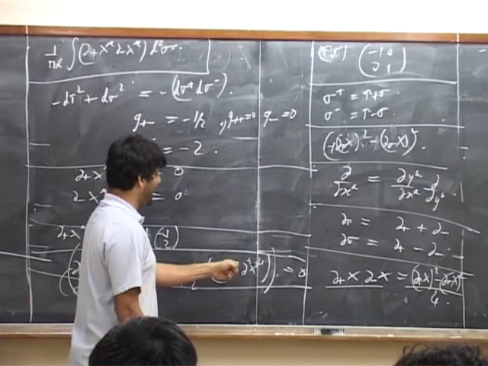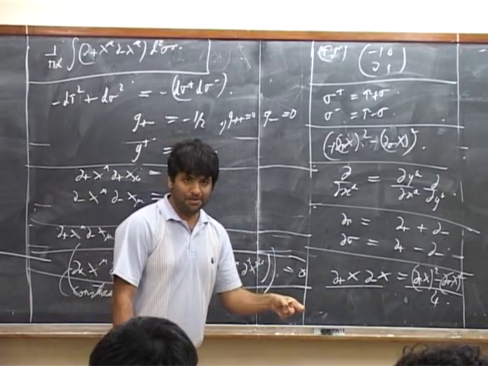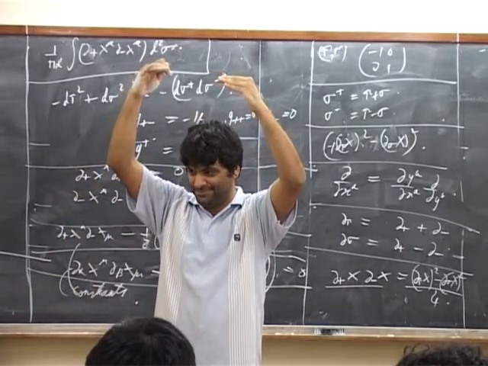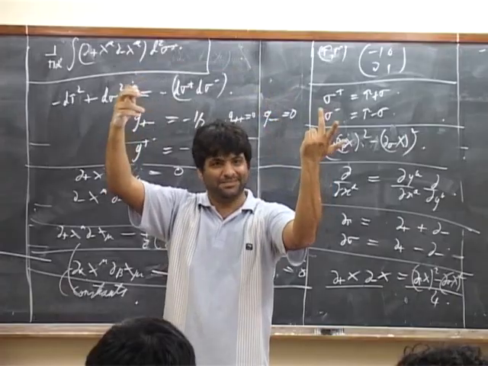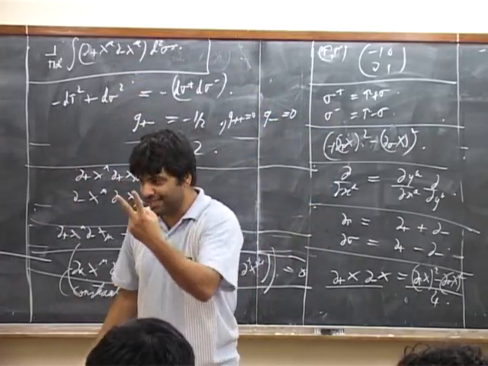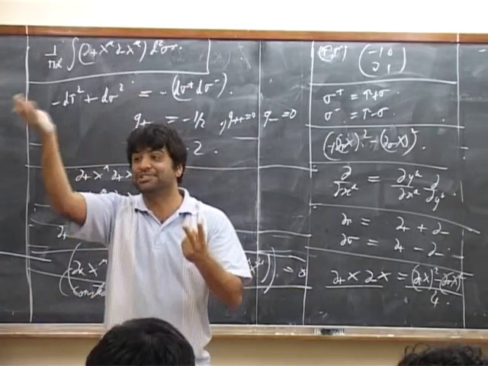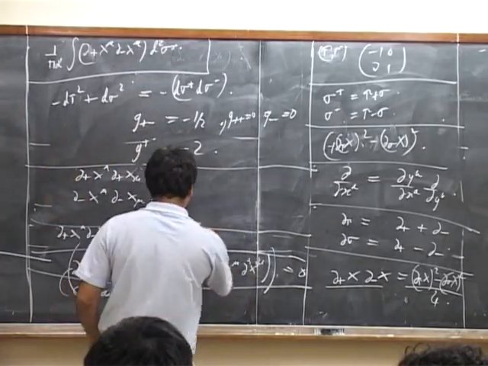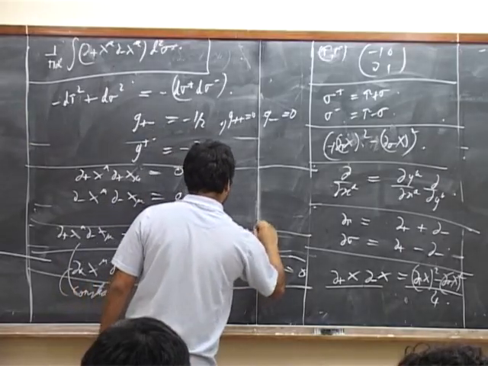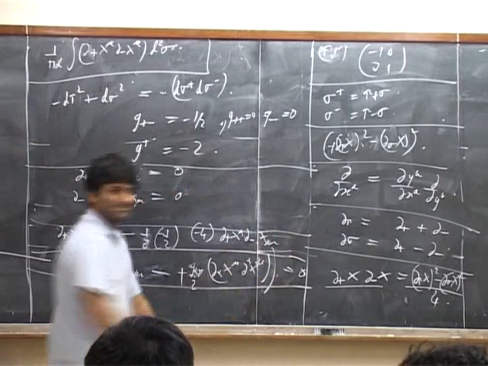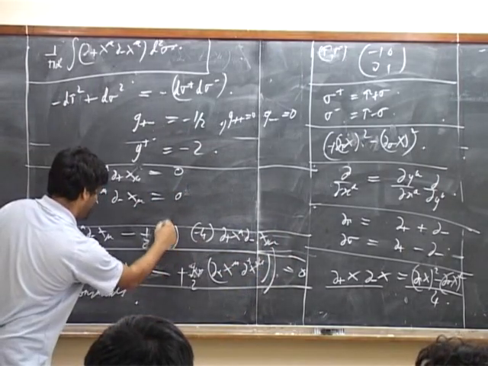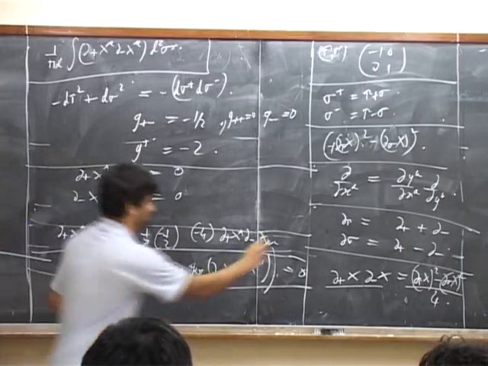It was del plus x mu, del minus x mu, multiplied by G plus minus. But there were two such terms, because del plus x mu, del minus x mu, and del minus x mu, del plus x mu. So two such terms, and G plus minus is minus 2. So we get minus 4 times del plus x mu, del minus x mu. I think we've got it. So minus 4, 0.